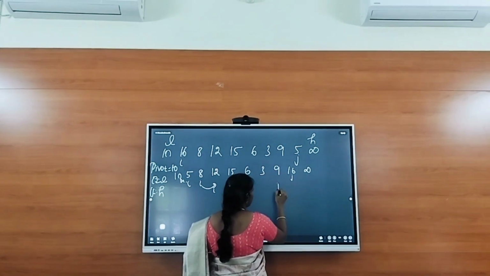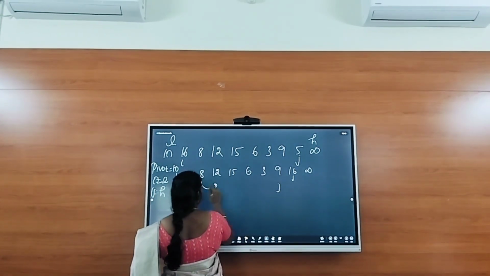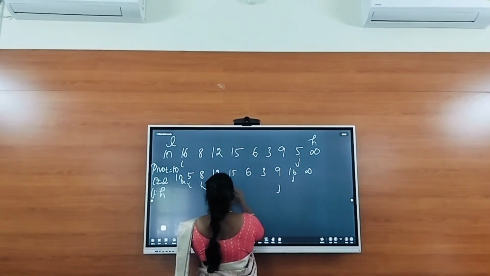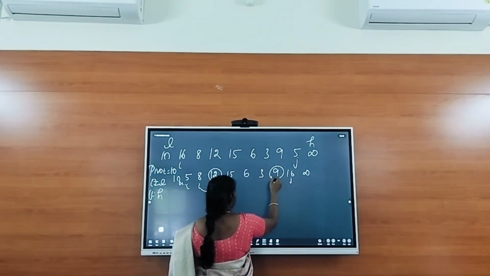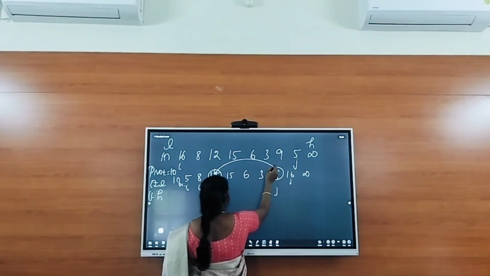j goes to 9. 9 is less than 10. So I can swap them: i is at 12 and j is at 9, so I swap these two numbers.